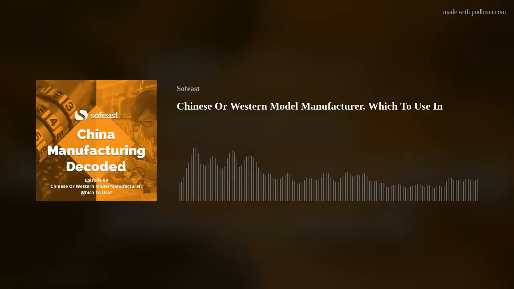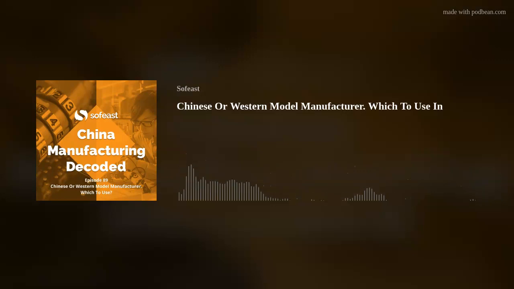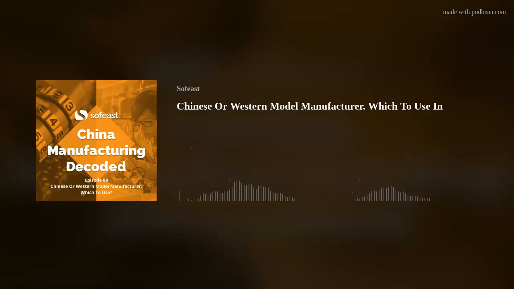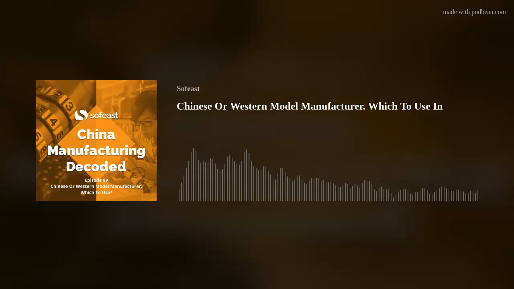So the incentive for the customer is to keep the same manufacturer, even if they're not happy about it. So they become a captive customer, right? They're hooked. They cannot really go away. And it can be extremely frustrating. It can be infuriating.